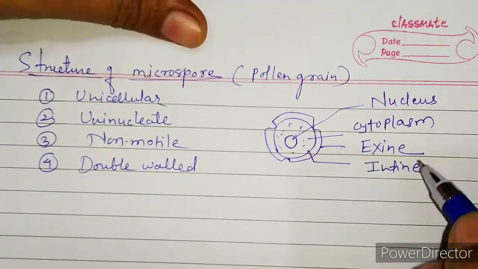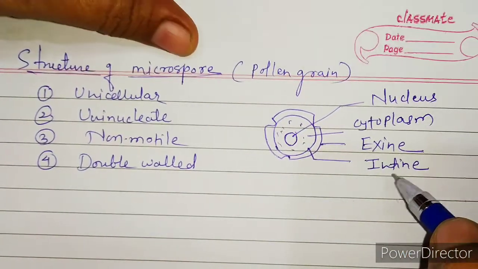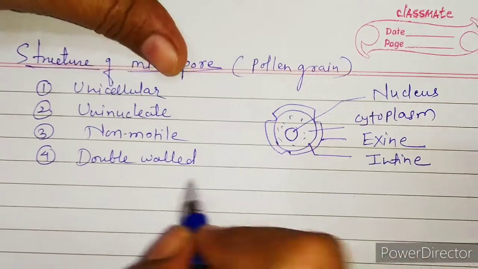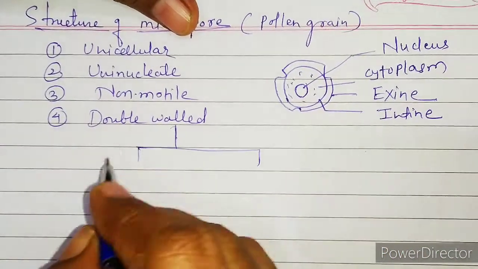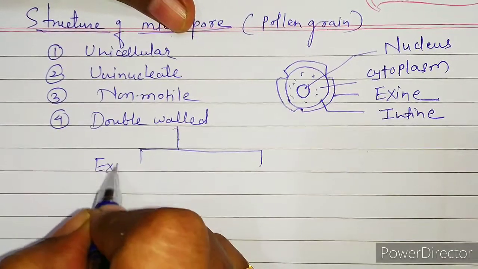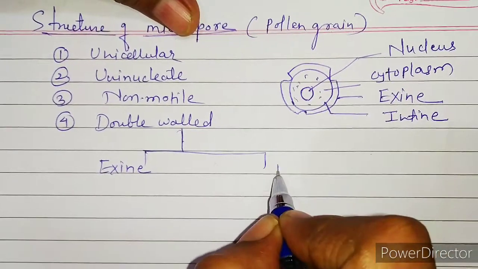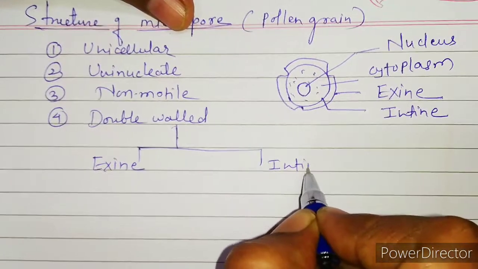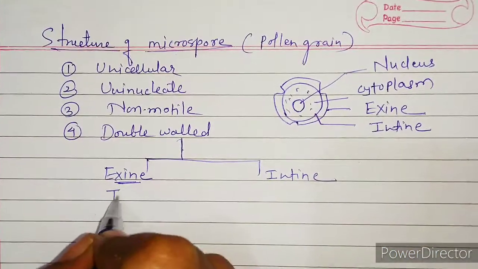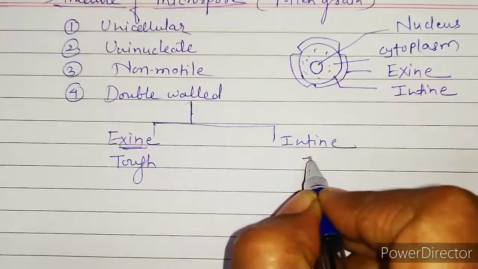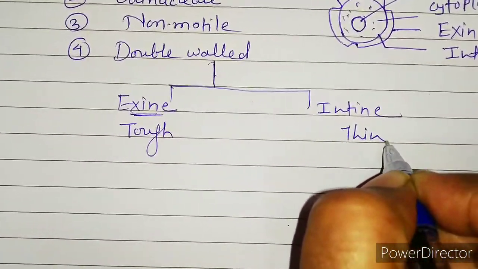What is the difference between exine and intine? As it is double walled, the outer layer is exine and the inner layer is intine. This exine is tough, while intine is somewhat thin.